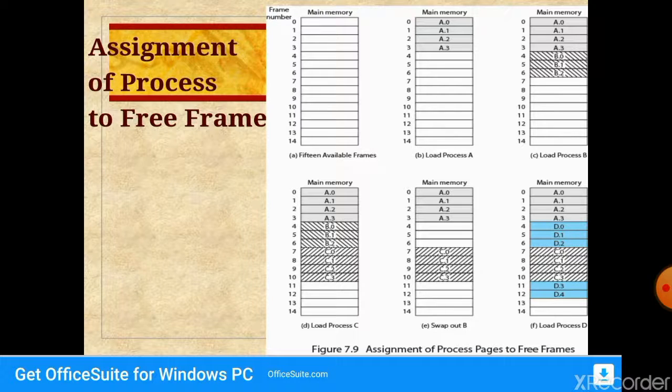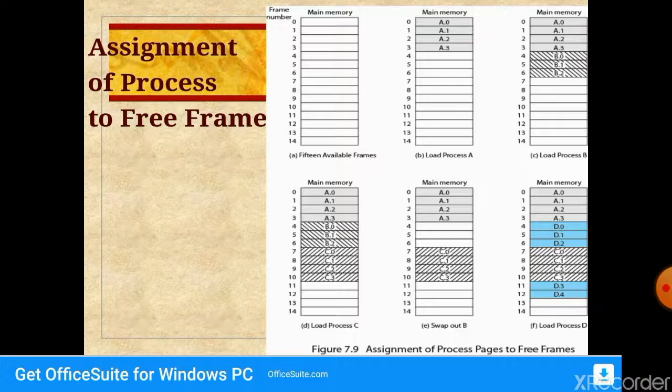That is, the 3 frames occupied by process B are swapped out, and another process called D, which has 5 pages, is loaded into main memory in 2 different sets of frames.